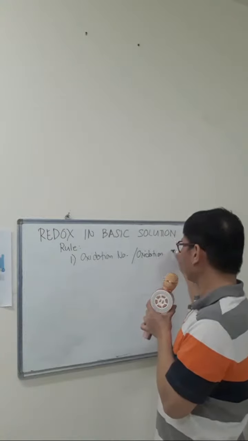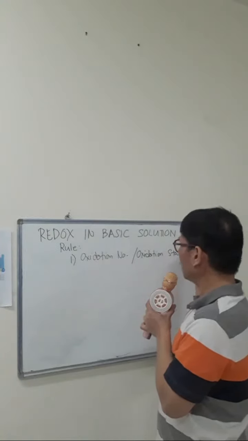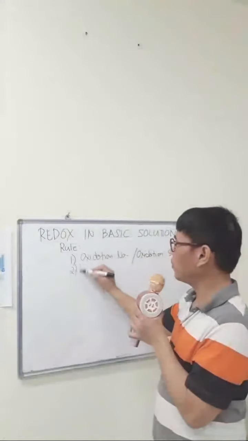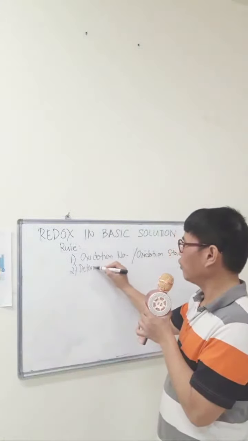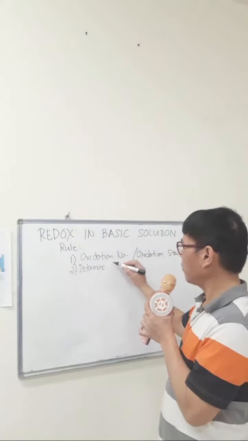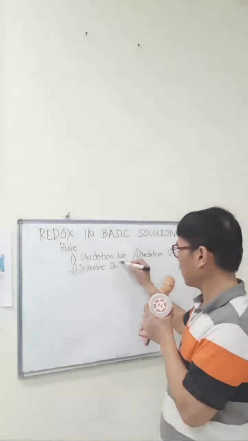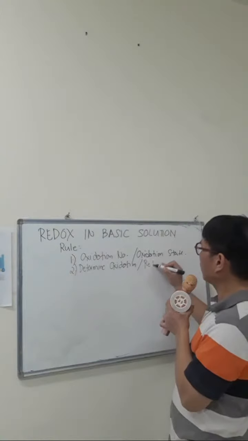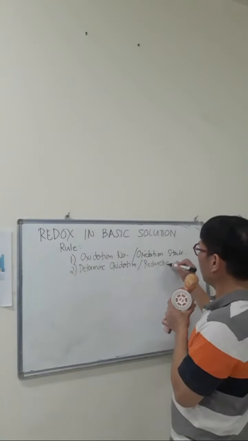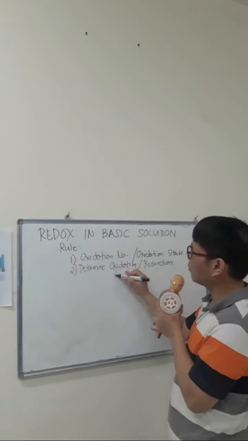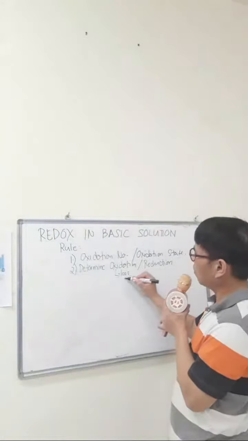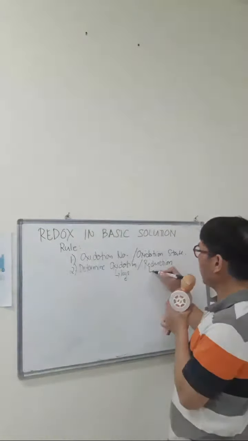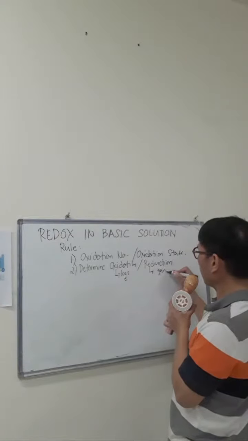Okay, number 2, determine the oxidation and reduction in the chemical reaction. Oxidation is the loss of electrons, and reduction is the gain of electrons.